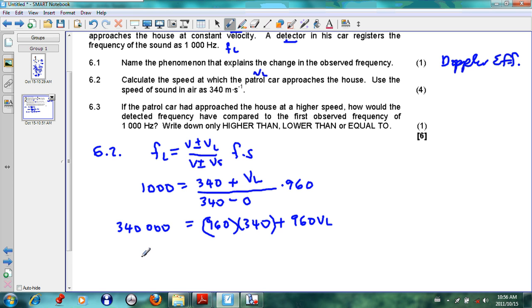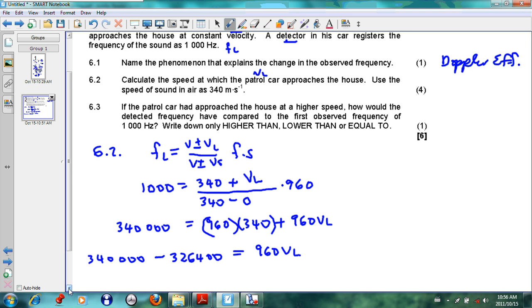And if you do this, we take this onto the other side, I'm just short-circuiting it a little bit: 340,000 minus 960 times 340 will give you 326,400 is equal to 960 vL.